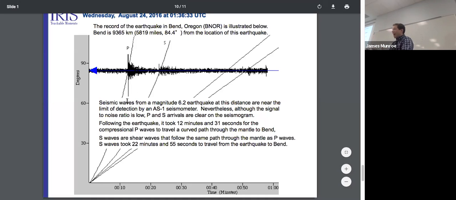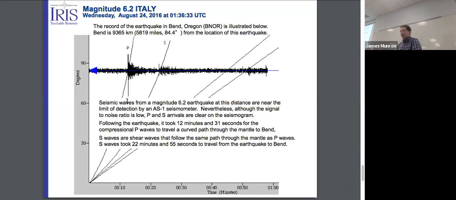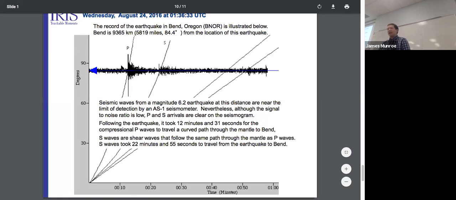Figure out this curve and check whether or not you also get 12 minutes and 31 seconds, and then do the same thing for the S wave and figure out whether or not you are able to confirm that an S wave propagating a distance of 84.4 degrees takes 22 minutes and 55 seconds to propagate.